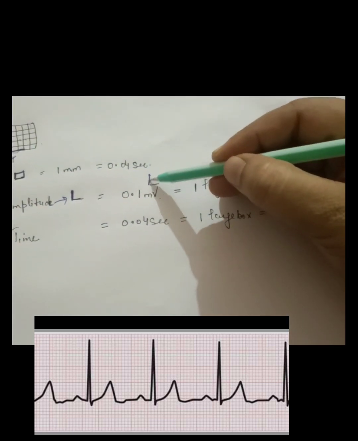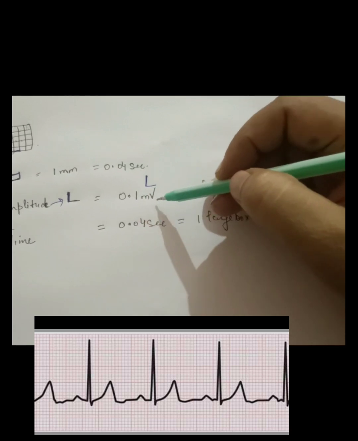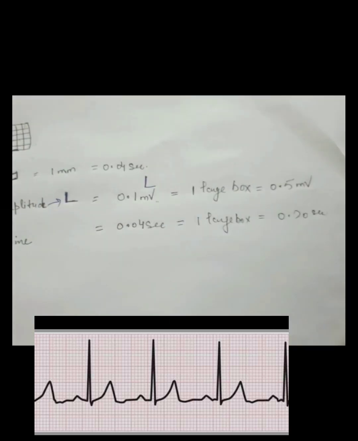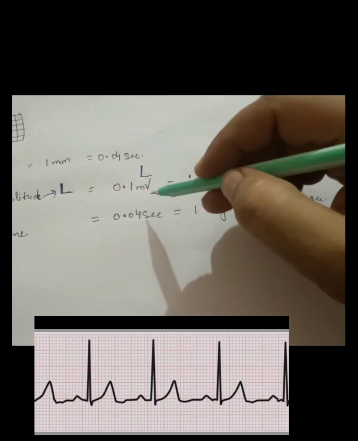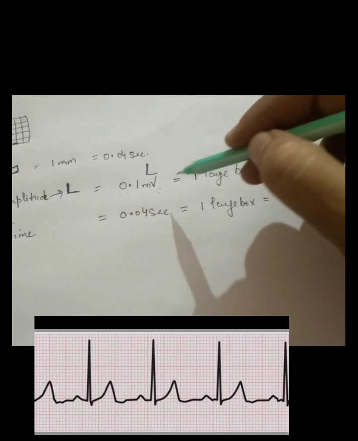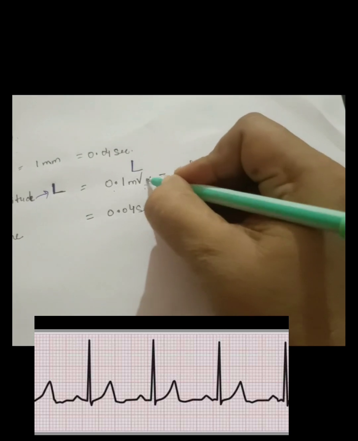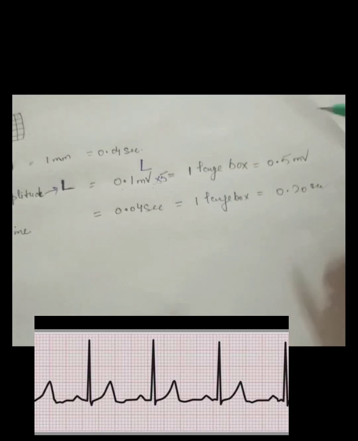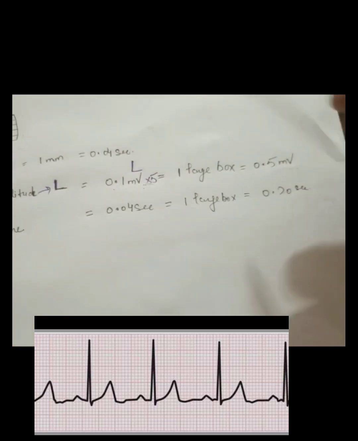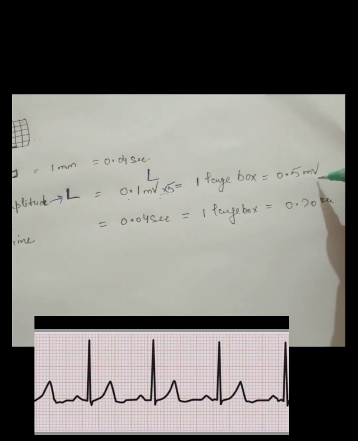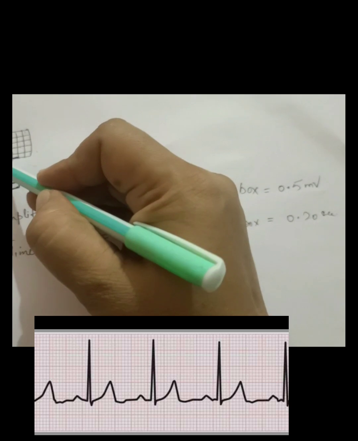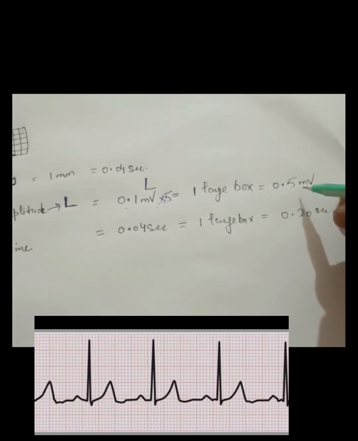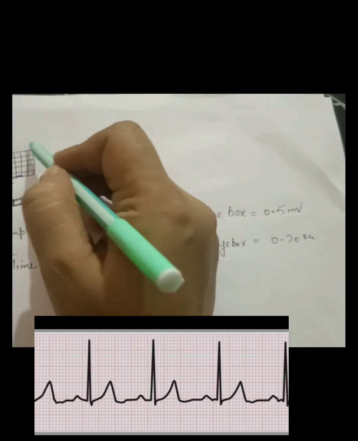In the large box there are 5 small boxes, so if we multiply 0.1 millivolt by 5 small squares, it will be 0.5 millivolt. So in one large box we have 0.5 millivolt, and in the small box we have 0.1 millivolt.